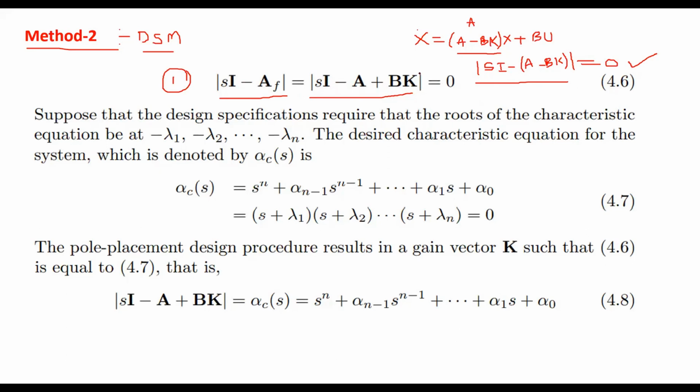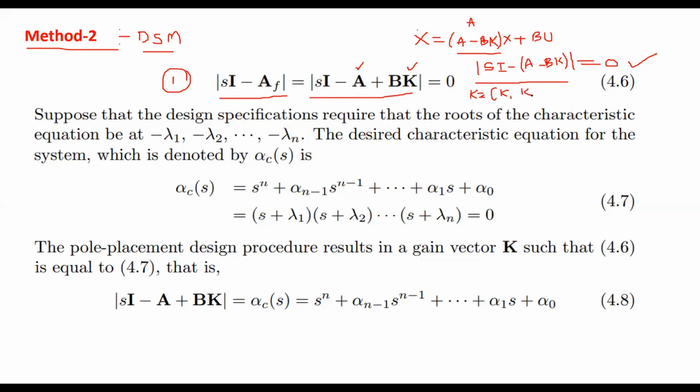Here we don't know the value of K. Based on the system matrix A, the K value would be decided. Suppose it is a 2 by 2 matrix, then we have to select K with 2 values, K is equal to K1, K2, a row matrix.